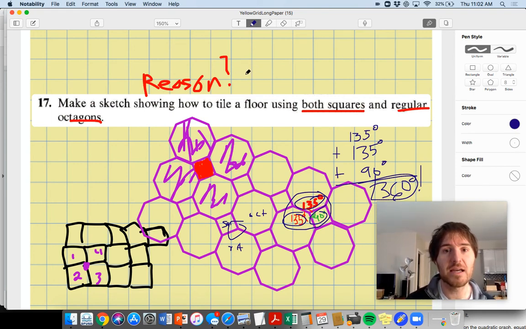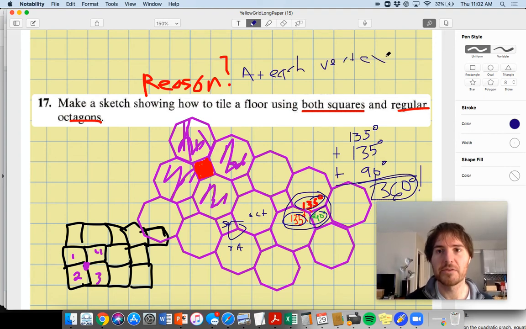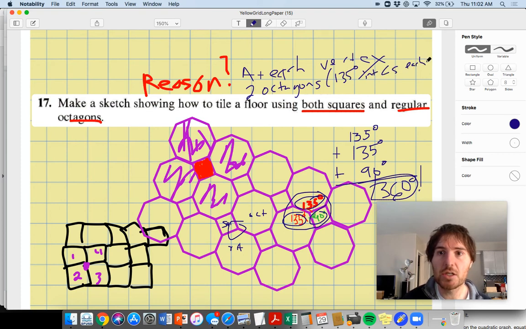Reason is because at each vertex, what am I doing? Using my keypad for this here. At each vertex, 2 octagons, 135 degree interior angles each, and 1 square, 90 degree interior angle.